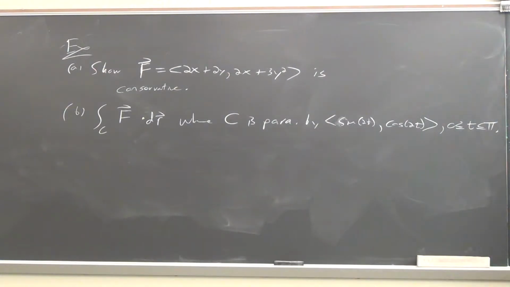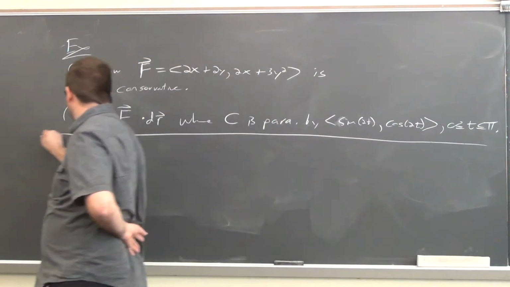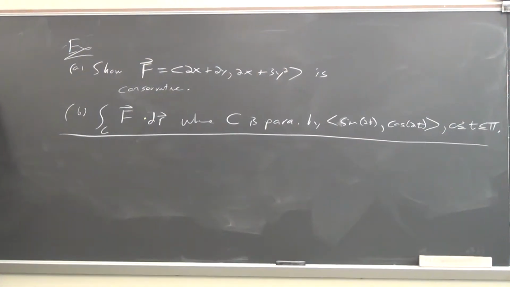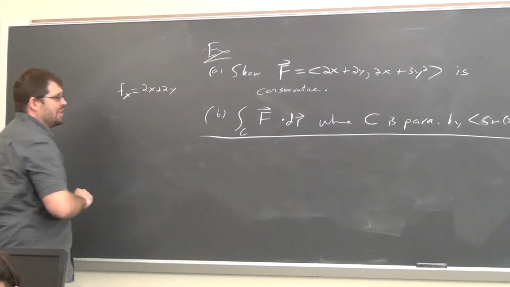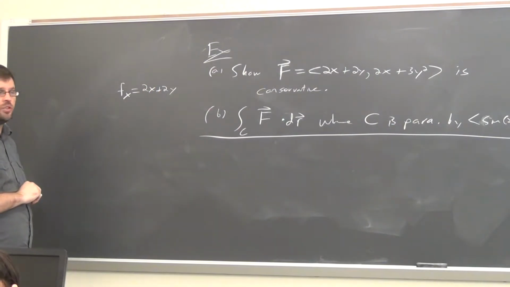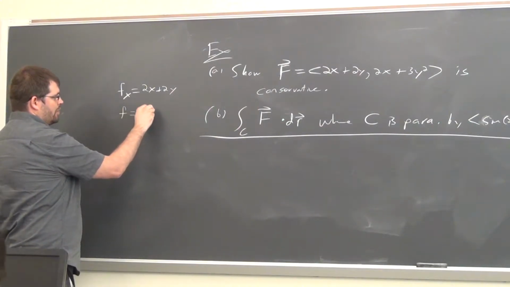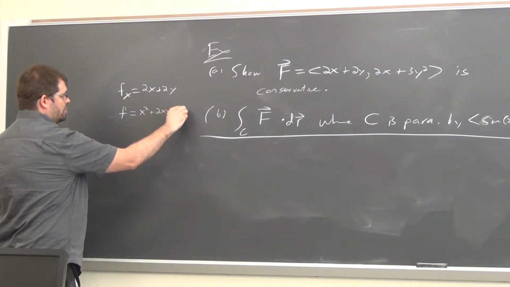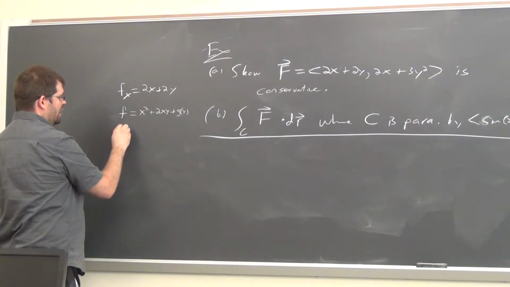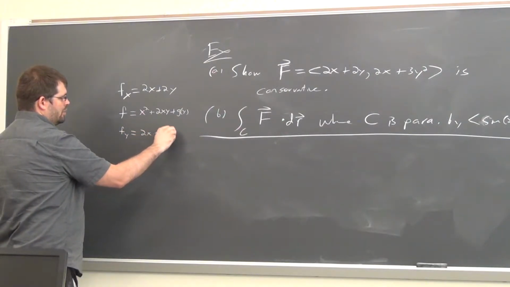So, let's work through this. Maybe I'll just come off to the side, because this one should be pretty easy. You first assume your f sub x is 2x plus 2y, and then what's f? x squared plus 2xy plus some g of y, and then your f sub y would be 2x plus g prime.